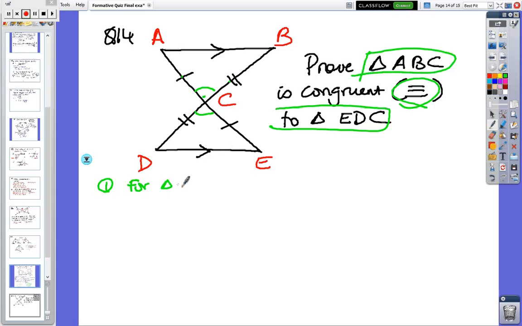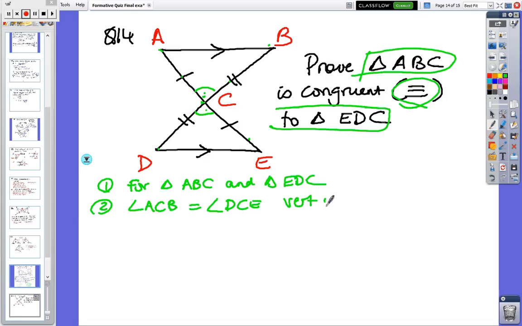So for triangle ABC and triangle EDC, first line is introduce them. Then angle ACB equals angle DCE, and the reason is vertically opposite angles are equal.